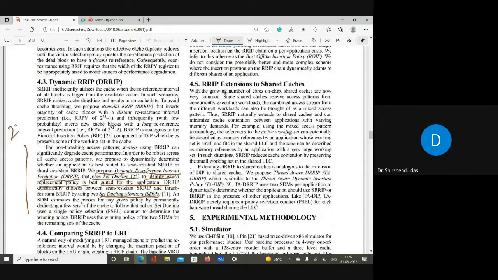If I come back to 2020, there is another important point: if somehow an attacker can know which are the sample sets, then what can he do?